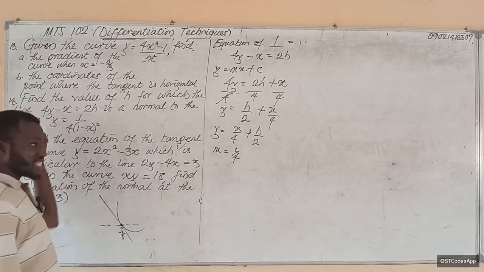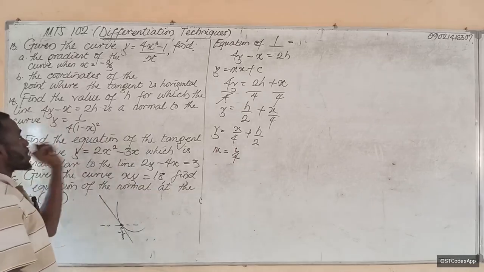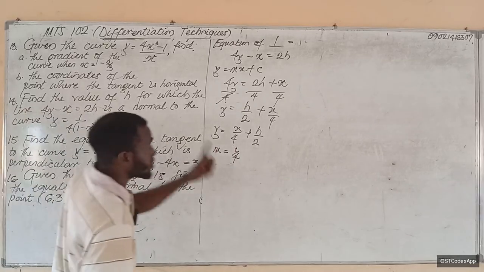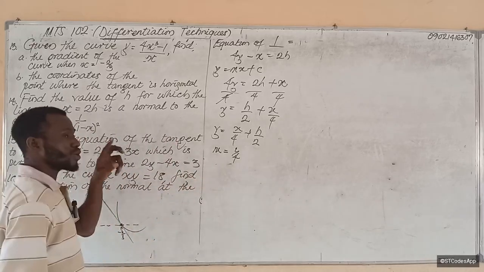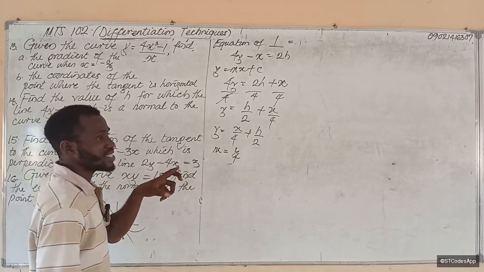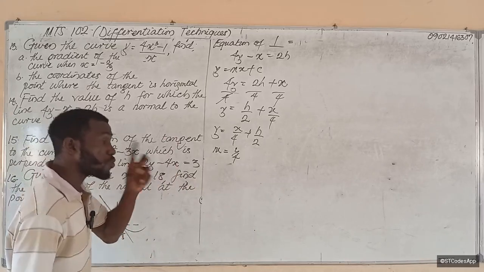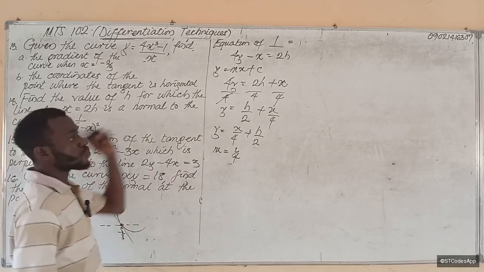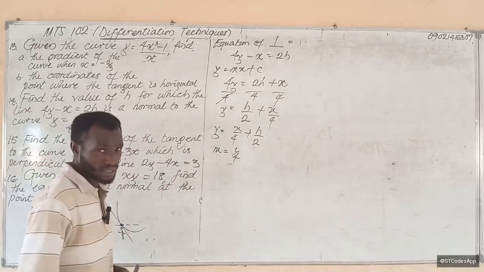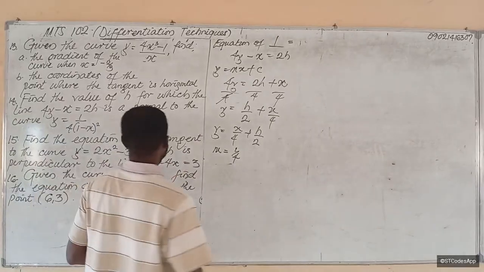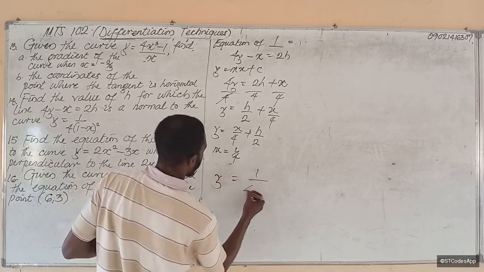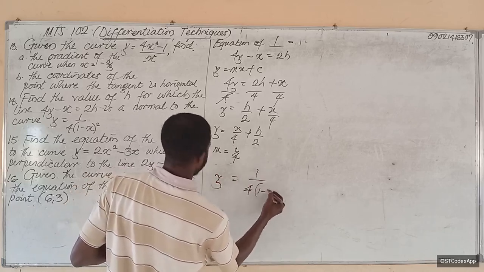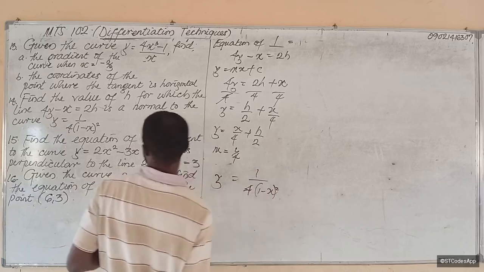So let's find the gradient of this tangent, so that we equate the slope of the tangent to the slope of this line. Does that make sense? First, let's take the slope of the curve. Recall that our equation is y equals 1 over 4 into bracket 1 minus x all raised to power 2.